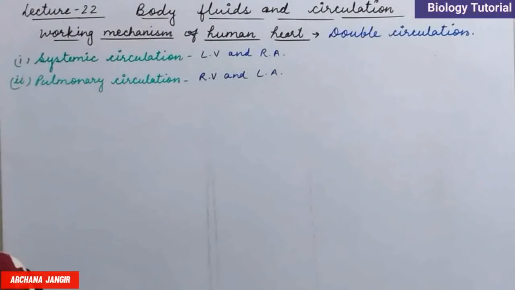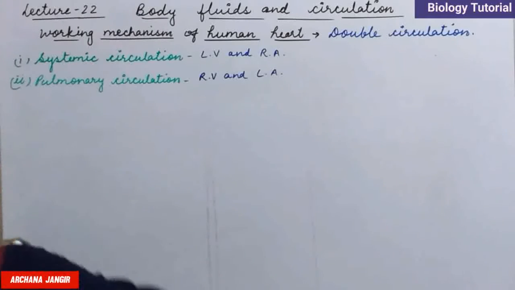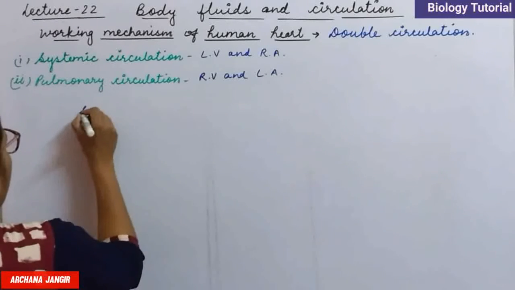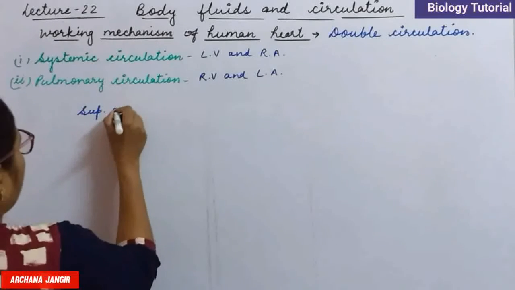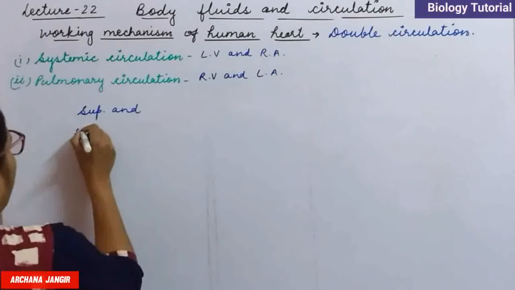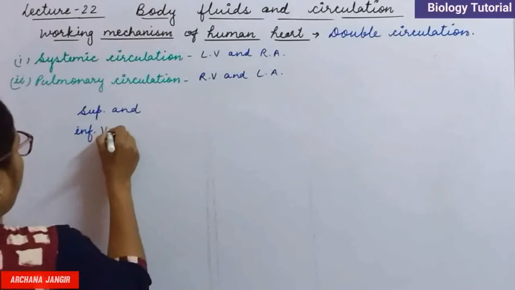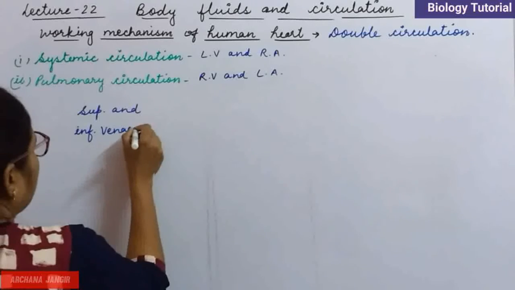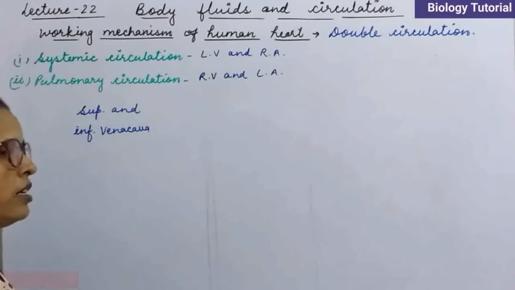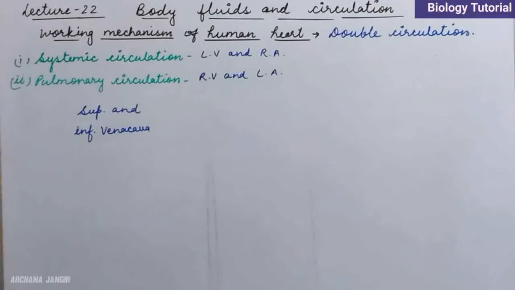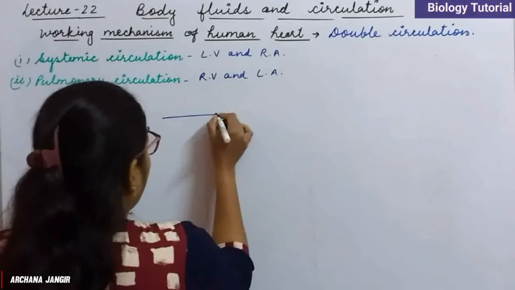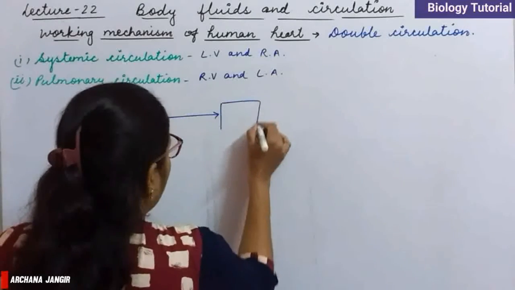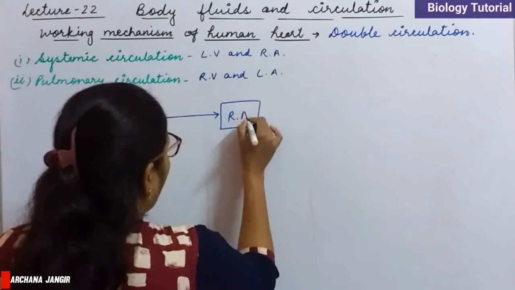Firstly, the superior and inferior vena cava bring deoxygenated blood. These vena cava, ठीक है, diagram से हम देखेंगे कहां पे vena cava present होती है. Both of these vena cava bring deoxygenated blood into the right auricle of the heart.